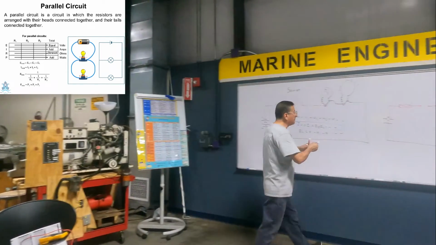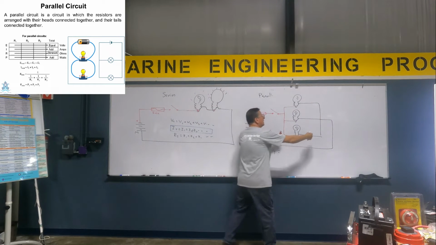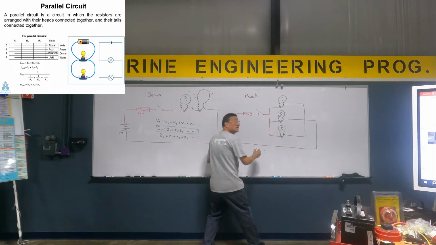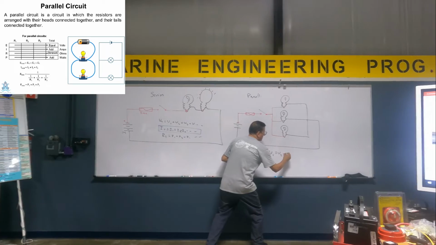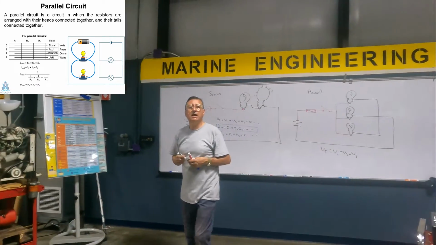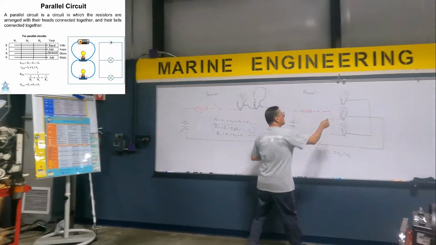What happens here in parallel with the total voltage? The voltage is equal. It doesn't matter how many I connect in parallel. What about the intensity here in parallel?